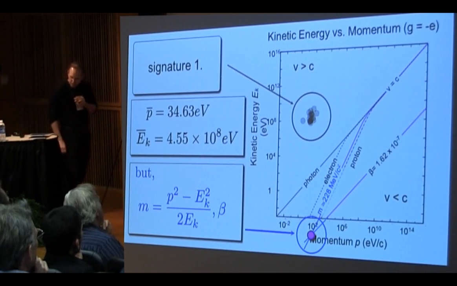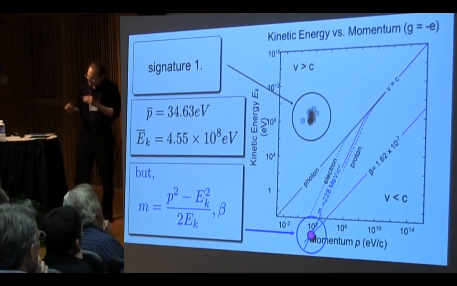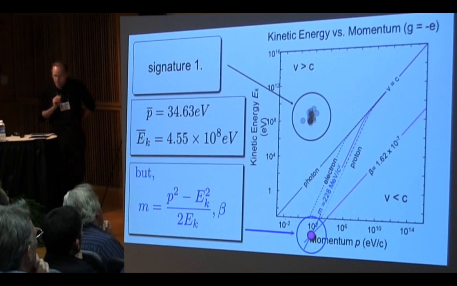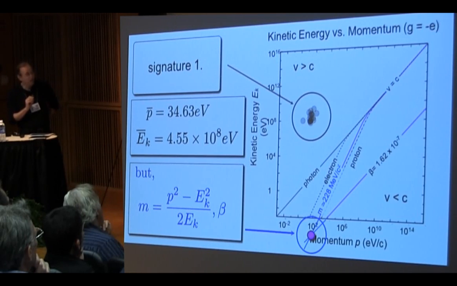Plotting deposited energy, which we assume is about equal to the kinetic energy, against the momentum, yields a cluster of points in the area of the graph where velocity v is greater than the speed of light.